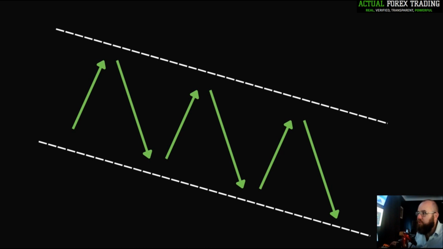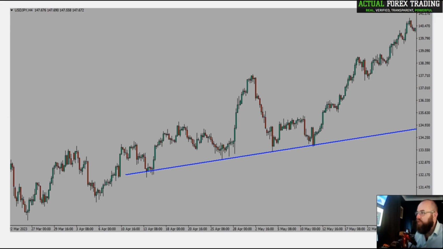So price is moving between a support below price and a resistance above price and is downtrending. It's formed a bearish channel. So we'll look at some examples of diagonal support and resistance on real life price charts. Obviously, if you have any questions about any of this, use the comment section below. I'm here to help you.